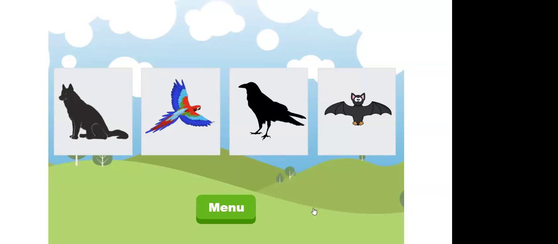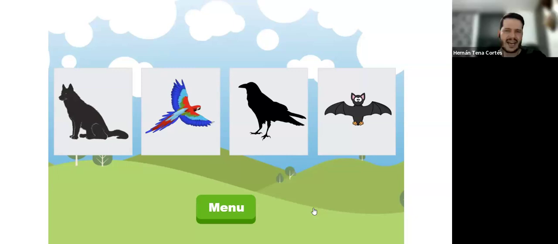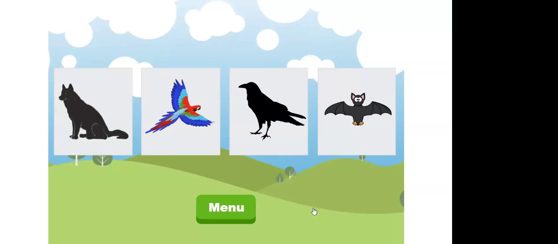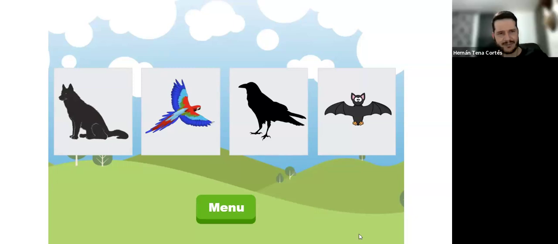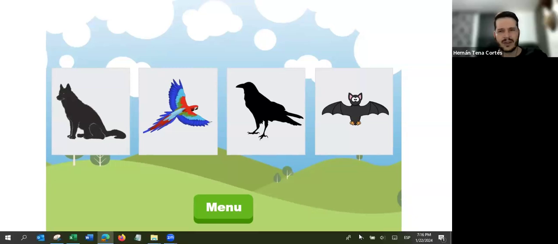The other pictures are flying animals. Right, animals that fly. And that first one, it looks like a wolf. Maybe it's a dog, but it can be a wolf. You're totally right.